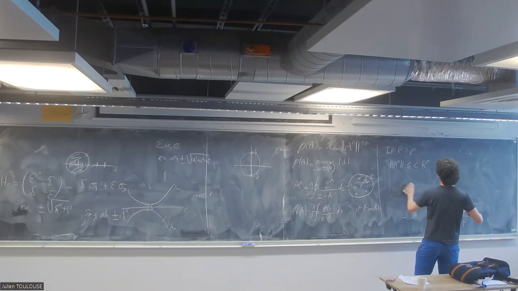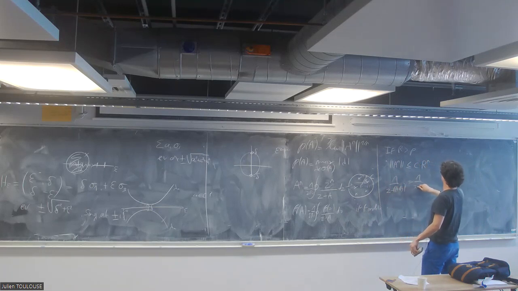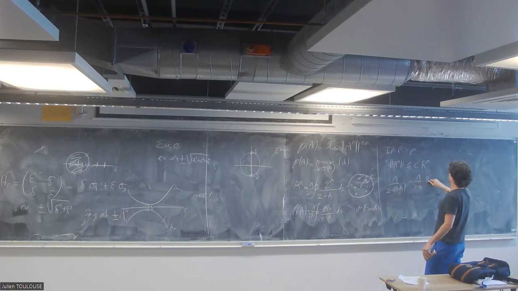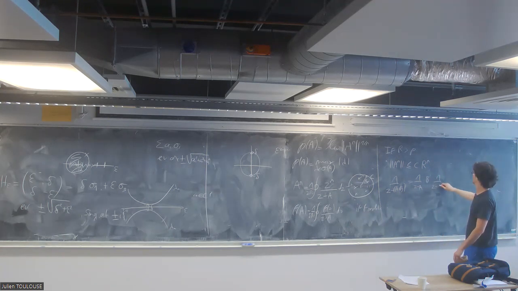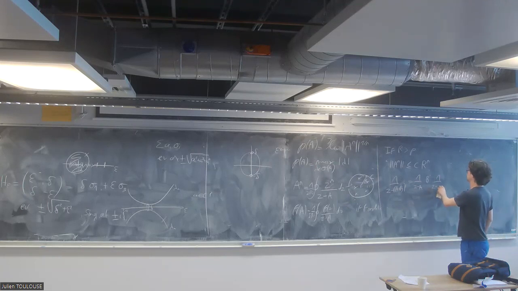Maybe one other thing I write is this nice formula: 1 over z minus (A plus B) is 1 over z minus A times ... Is it this? No, it's not this. Maybe I don't write this, I'm not sure.